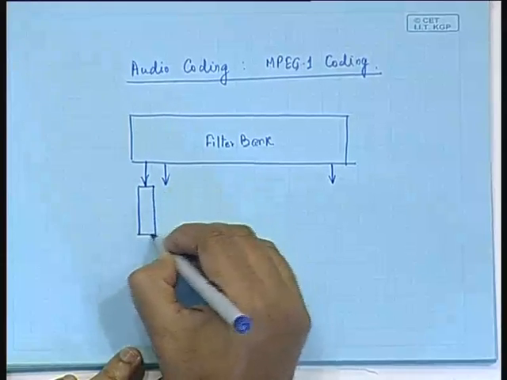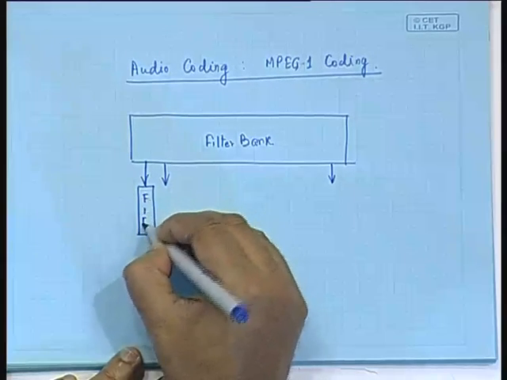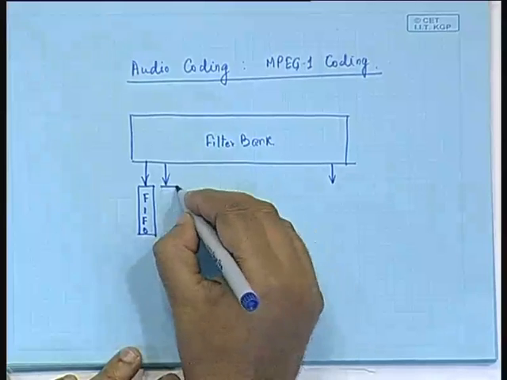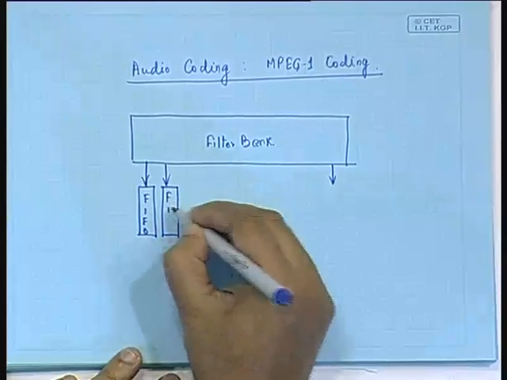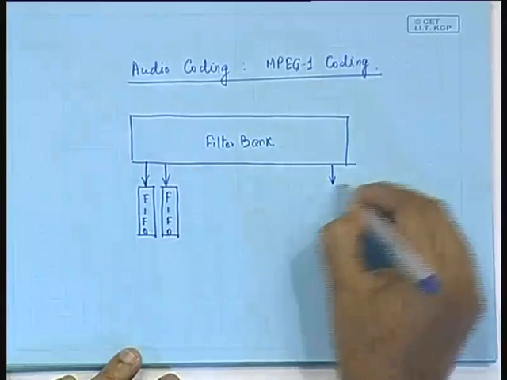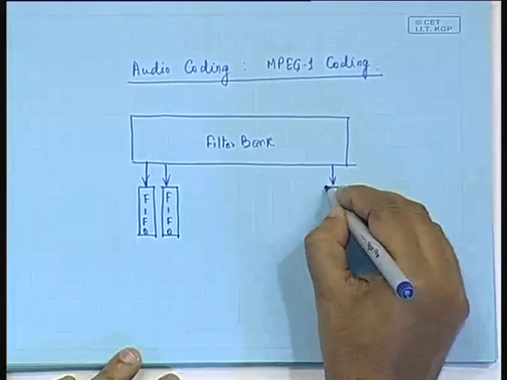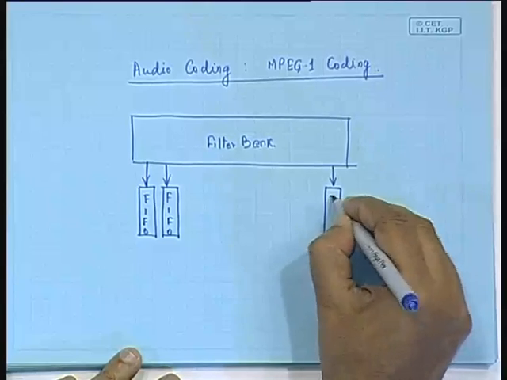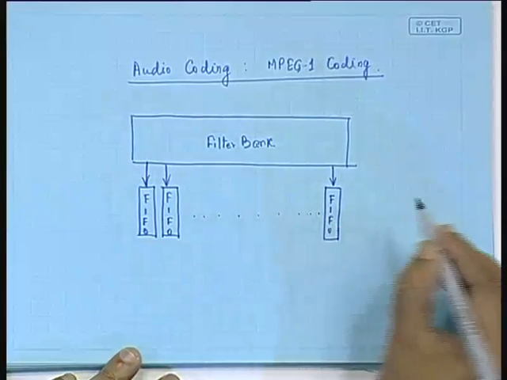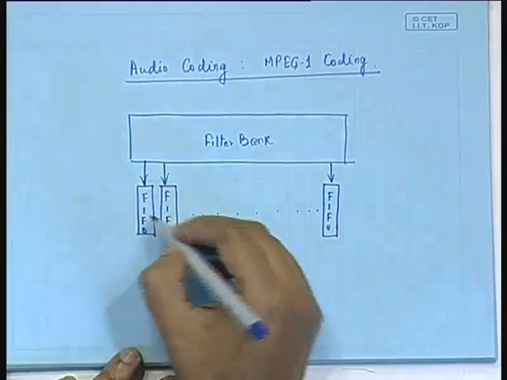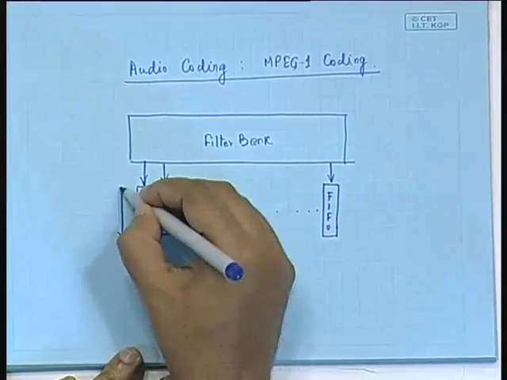So, these are the FIFO buffers, one for each of the subbands. There are 32 such FIFOs, and each FIFO is 12 samples deep.